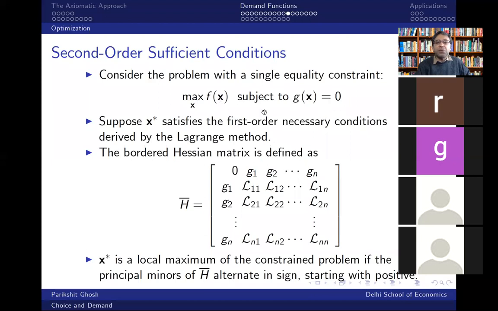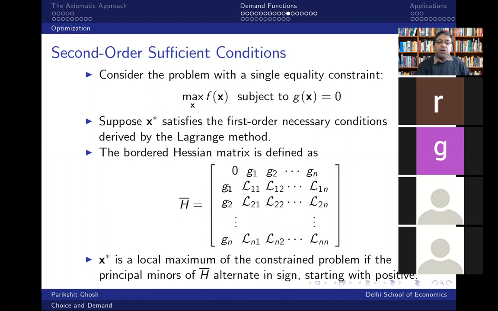Suppose we are solving this problem: maximize an objective function f of x, subject to a constraint g of x equals 0. To check the second order conditions, you construct this matrix. In this matrix, except for the first row and the first column, everything inside is a second derivative of the Lagrangian function, stacked up, written in this form.